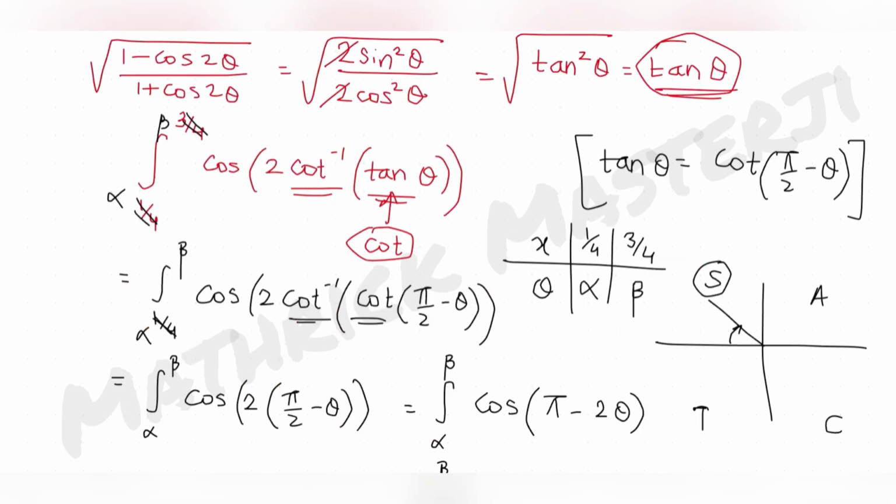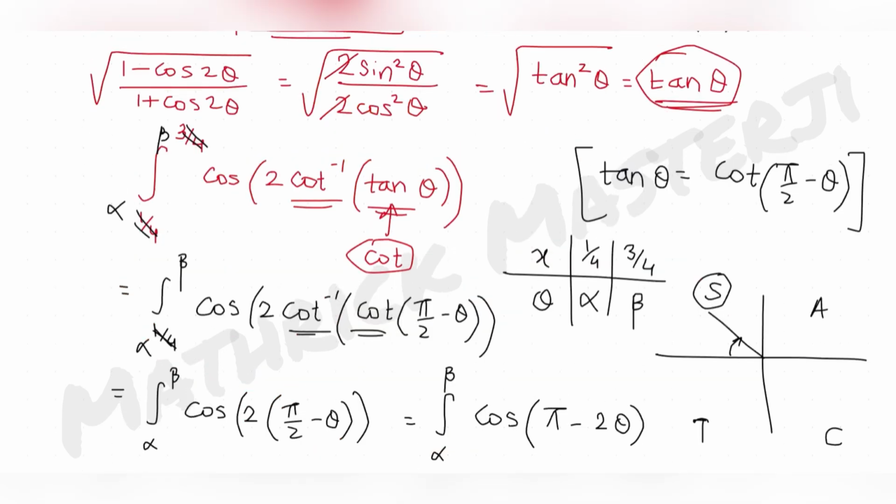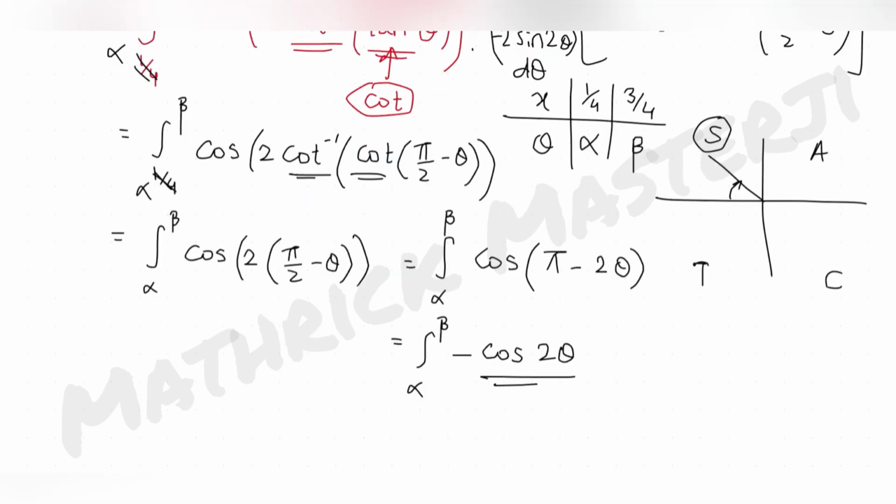So minus 2 sine 2 theta d theta should be there with every expression, so at the end also I will have minus 2 sine 2 theta d theta. So we missed that step, but let's continue doing it.